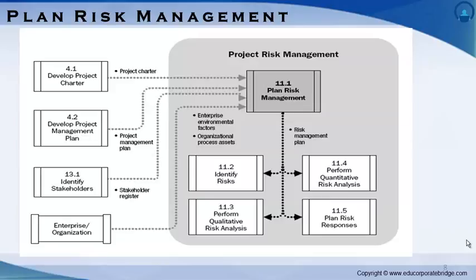Coming to the data flow diagram, project charter is provided by the develop project charter process. It is a process in the integration management knowledge area. Project management plan is provided by the develop project management plan process.